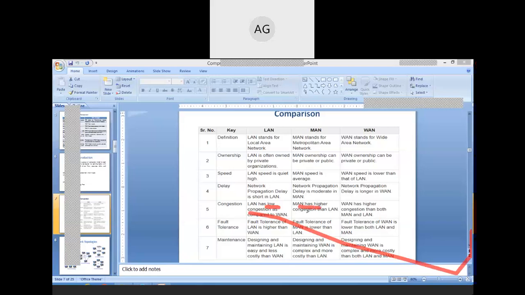Whereas in the case of MAN, higher congestion than LAN, and in the case of WAN, higher congestion than both the LAN and MAN, because many persons are using the channel at the same time. So the congestion actually becomes higher in the case of WAN and it becomes lowest in the case of LAN.